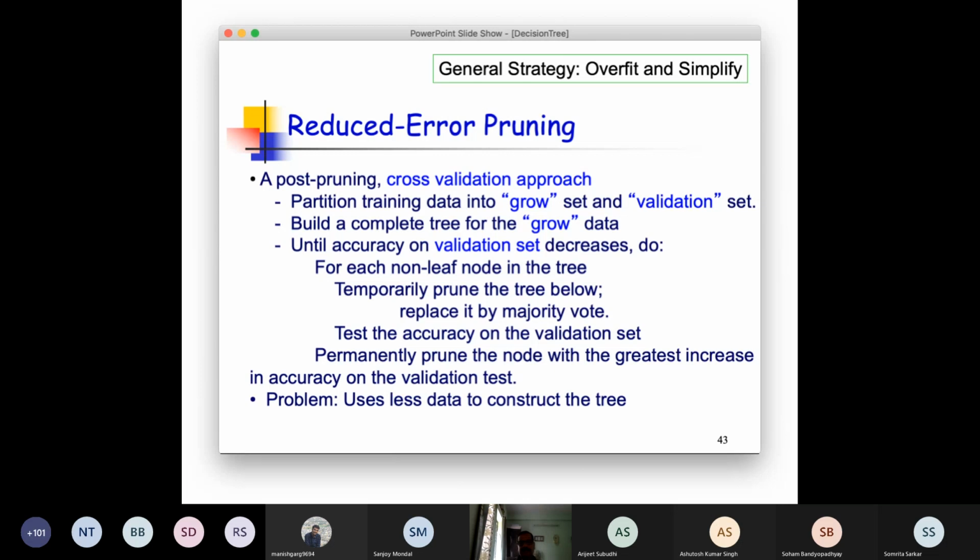So it uses less data to construct the tree. Why less data? Because the training data itself you have divided into two sets. That has reduced the number of training examples for your model building.